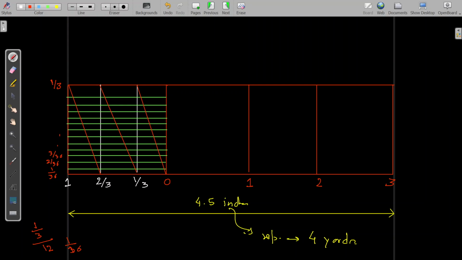You can say 12 by 36. Okay, here it will be 11 by 36, 10 by 36, 9 by 36, and so on, that you can easily write. Okay, so this is the diagonal scale which we have to draw. So this is the complete diagonal scale.